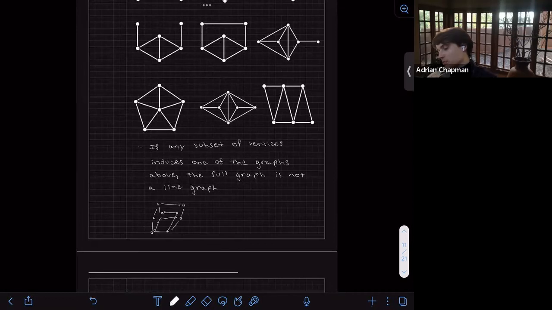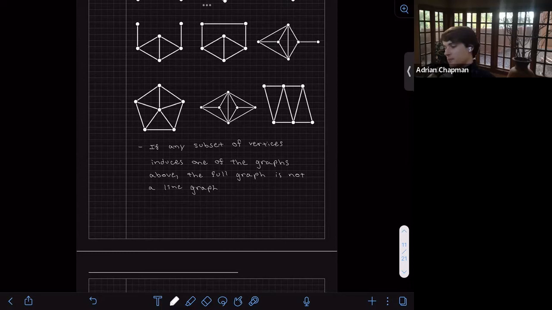Sorry, that's a very bad drawing. So if every vertex is the center of a claw, then you have to remove quite a few vertices before it becomes claw-free. I guess it would be 4, but I don't know off the top of my head.